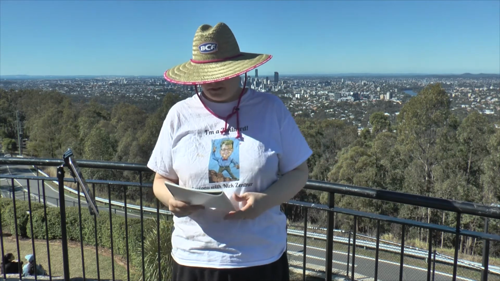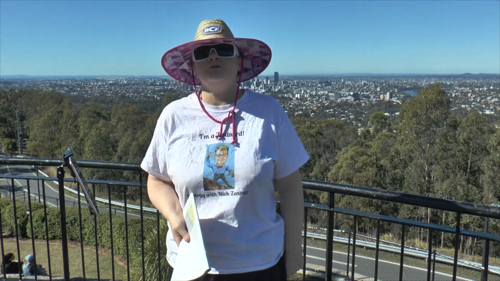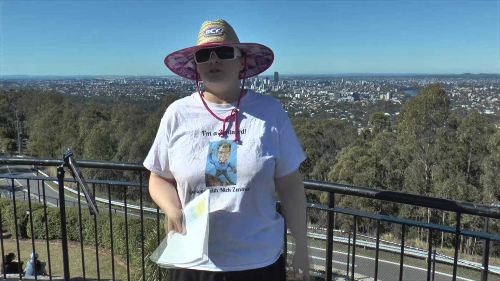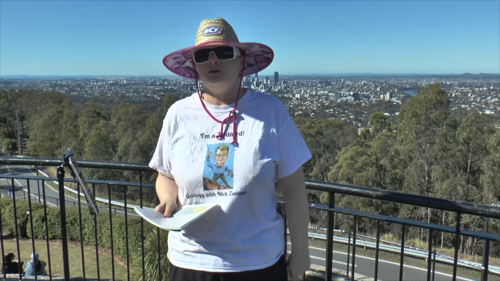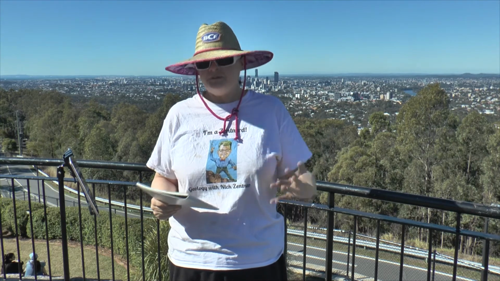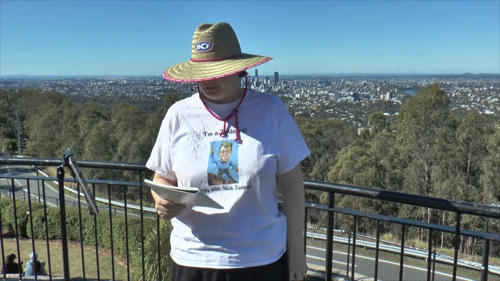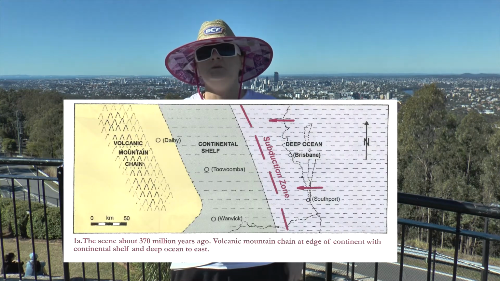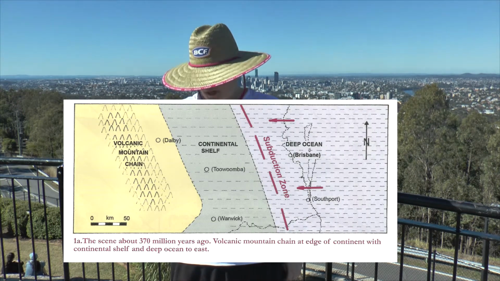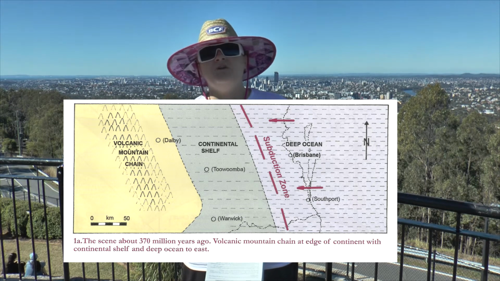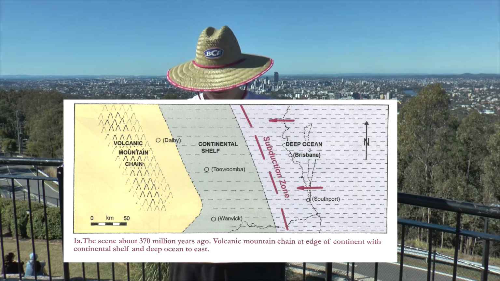So I'll give you a roundup of what happened geology-wise with this part of the world. So there were four main episodes. So 370 to 350 million years ago, I was standing in the deep ocean on the ocean plate side of a subduction zone.